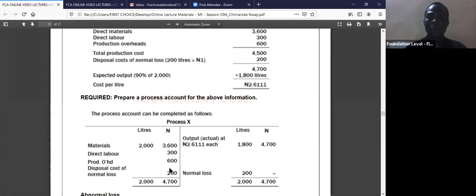It has no recovery value, but here it has a disposal cost. So you don't put minus 200 here, neither do you carry the normal loss here. It's just this 200 naira that is the disposal cost. You put it here to increase the costs. And so now the good output is bearing the increased cost, because there is an increase in the process costs.